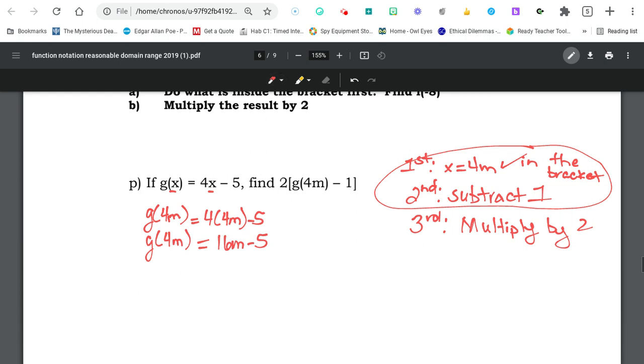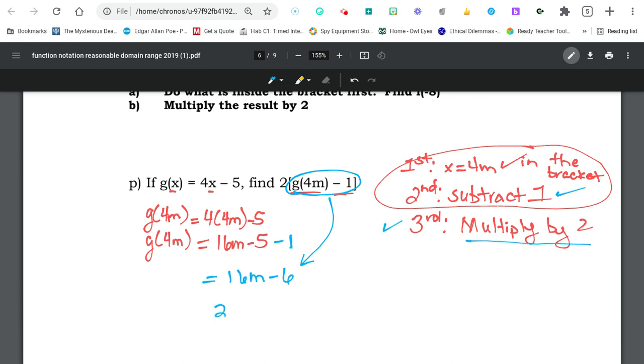And then it says, after you find g of 4m, I need to subtract 1. So I'm going to go ahead and subtract 1 from this. So now I end up with 16m minus 6. Okay, then, done that. Then I just need to take my final answer, all of this, and multiply it by 2.